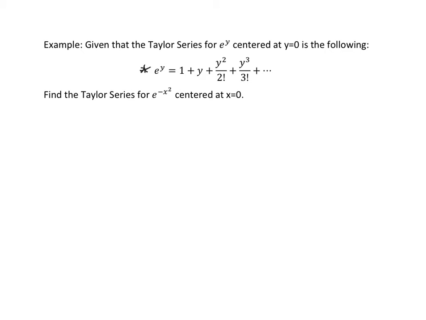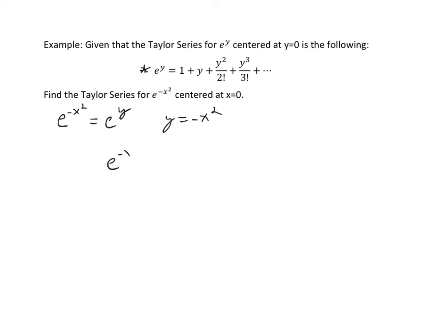But we want to do e to the negative x squared. So if I let e to the negative x squared be the same thing as e to the y, then y is simply negative x squared.